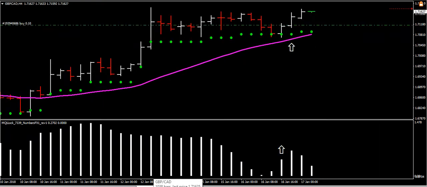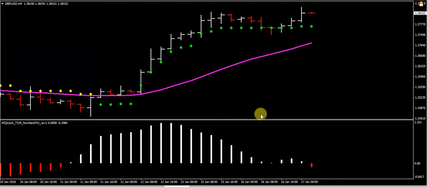Pound CAD, so one of our trades. Pound USD, yeah, similar type picture, didn't really come back to the moving average. Volume is a bit flat, down if anything, so can't really look at that.